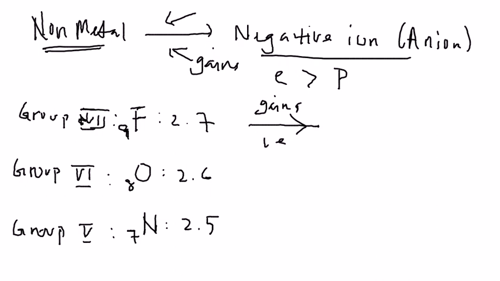So from 2,7 it forms 2,8, just like the structure of neon. And for group 6, you will gain 2 electrons.